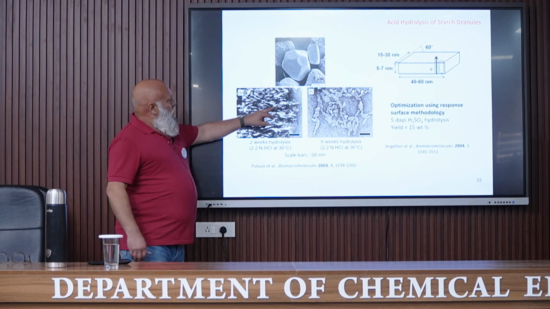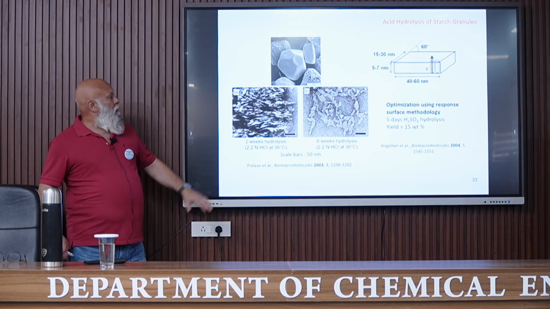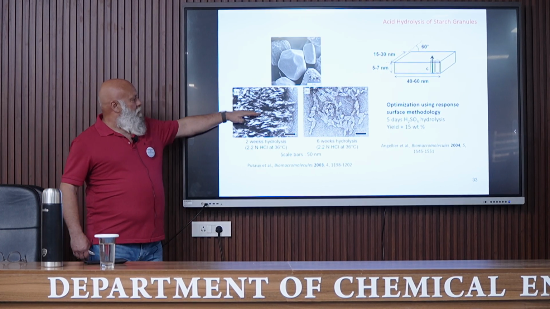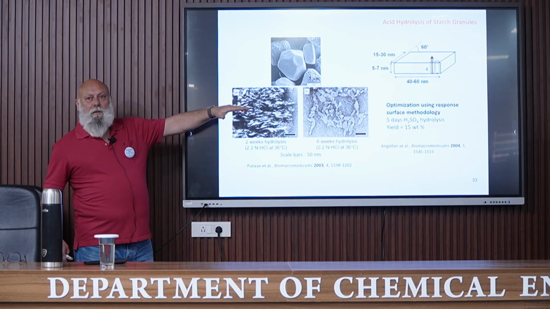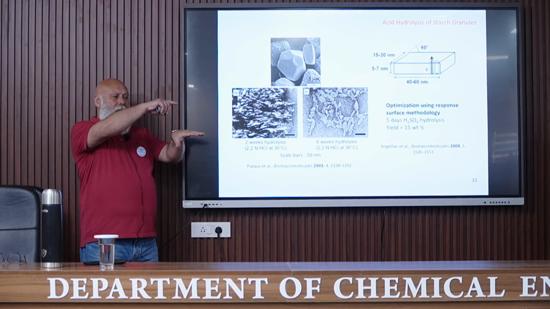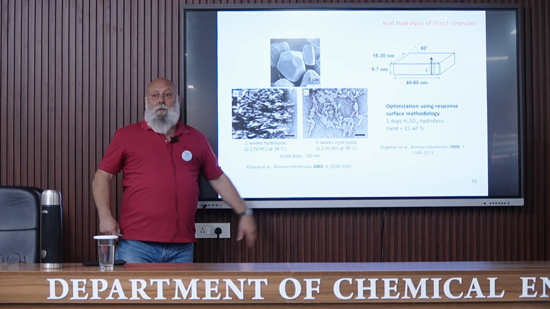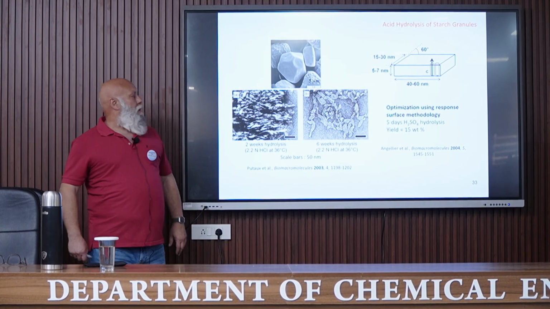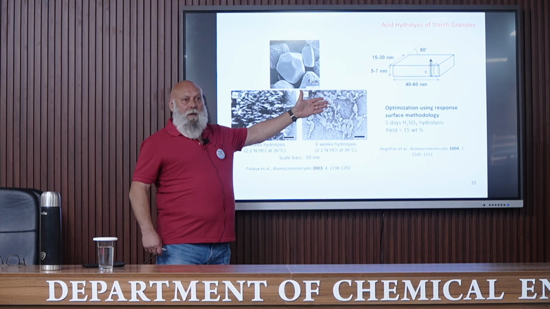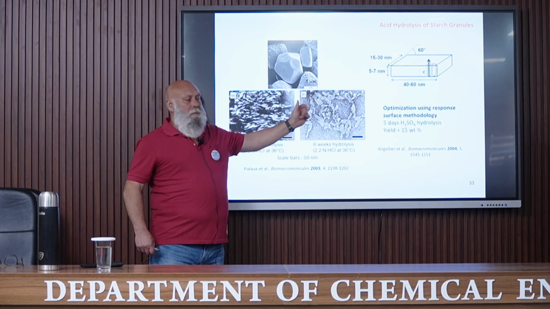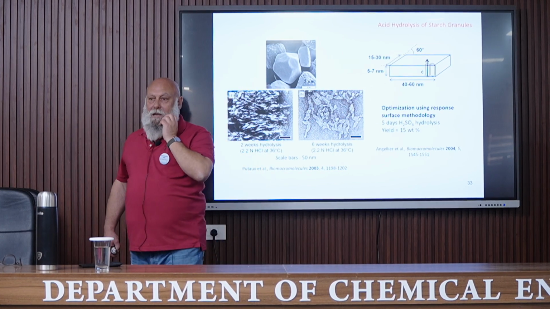You can see here, in white, the crystalline domains. During the acid hydrolysis treatment, the crystalline domains are perpendicular to the screen because these nanocrystals are still linked by amorphous chains. Now, after the complete hydrolysis of amorphous domains, you can see that these nanocrystals lie parallel to the screen. And they occur as platelet-like nanoparticles.